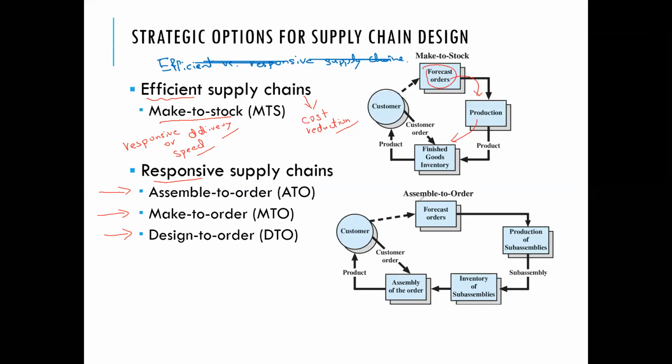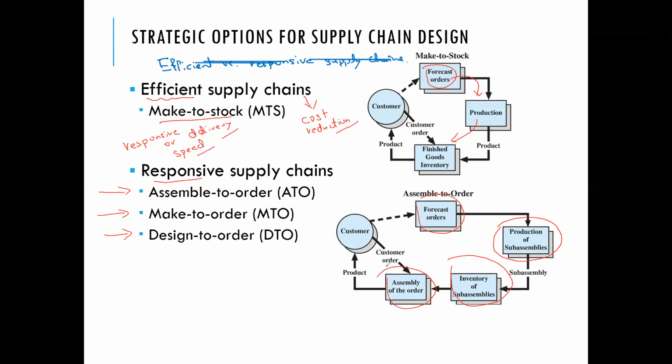For the assembled to order one, the idea is that there is some forecasting of the customer orders, but instead of producing the actual finished product, the manufacturer only produces sub-assemblies and keeps inventories of sub-assemblies. And only when a customer order arrives, the sub-assemblies are assembled into a final product.